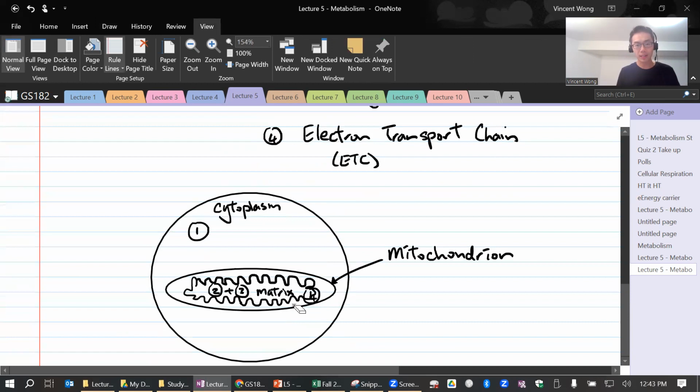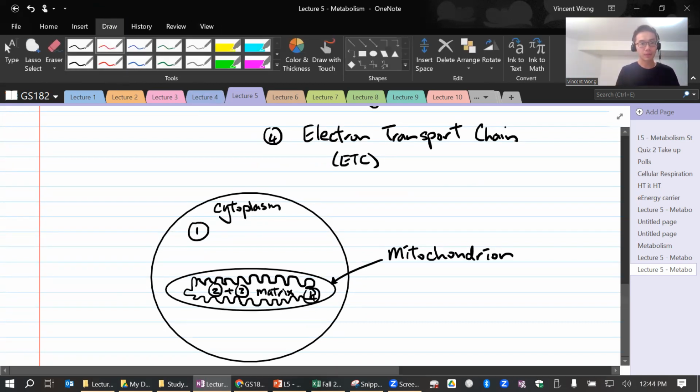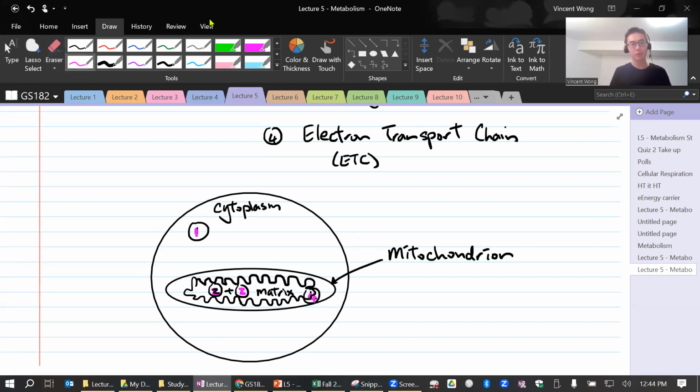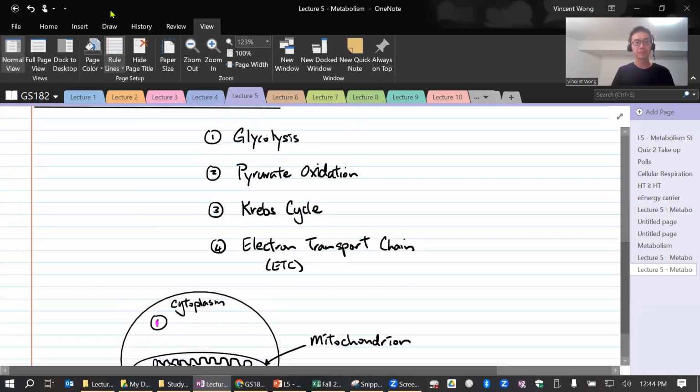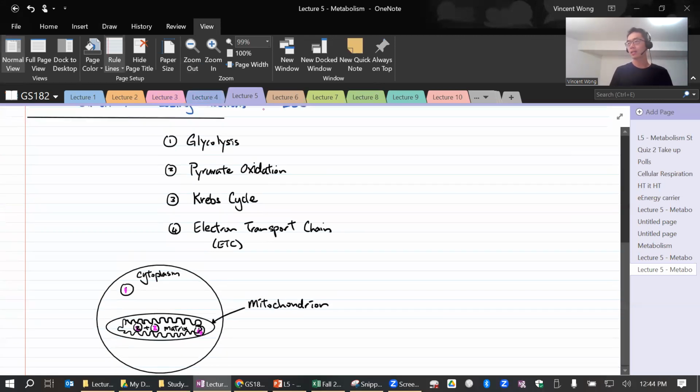What are those foldings called? Do you remember? I don't think it's showing up too well here with my color. So step 1, 2, and 3, and then step 4 is right here on the foldings. What's the name of the foldings of the inner membrane? Yes, RJ, that's right. But it folds up into these special things. It has a name to it, right? Starts with a C. Is it cristae?